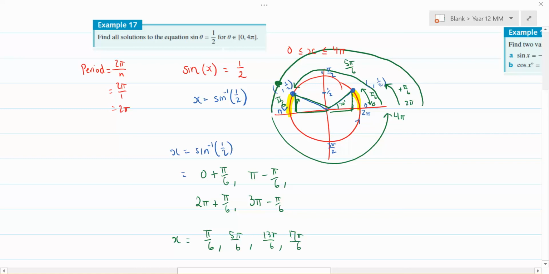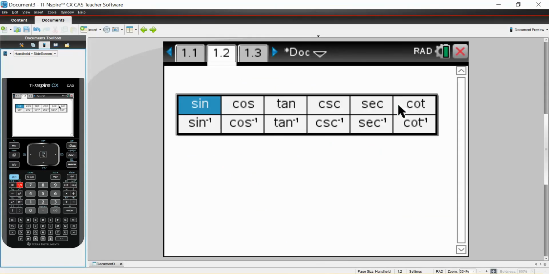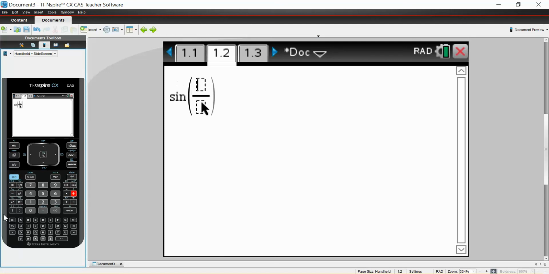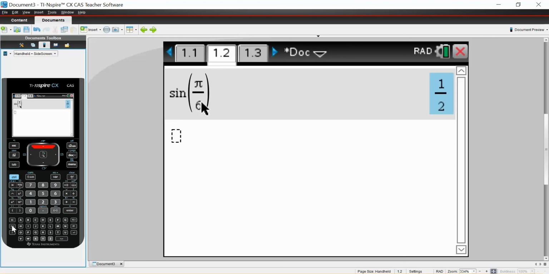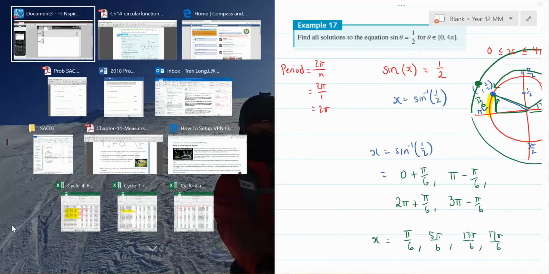We go to our CAS, and I actually do that on my CAS. I go to trig, on the side there, sine of, let's say, pi, I'll do the fraction first. I do pi on 6. There we go, we've got half. Now I'll try another one. The other part of our solution was 5 pi on 6.